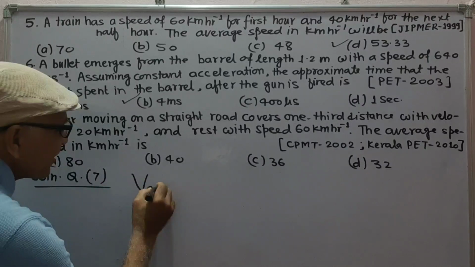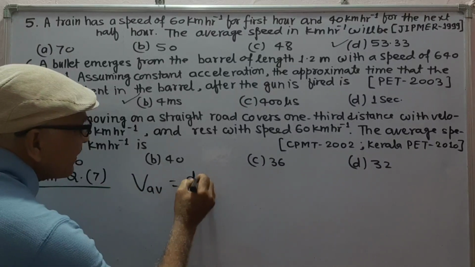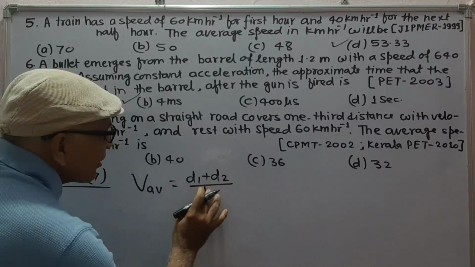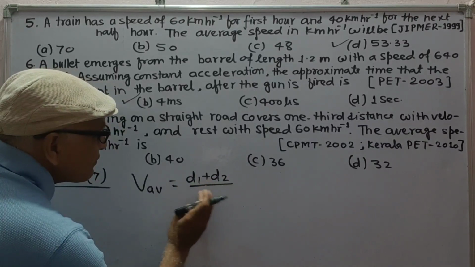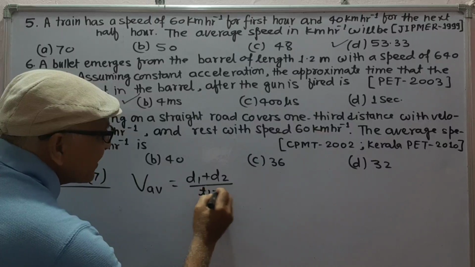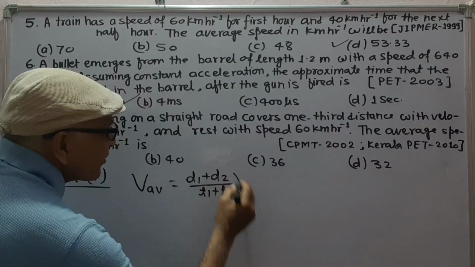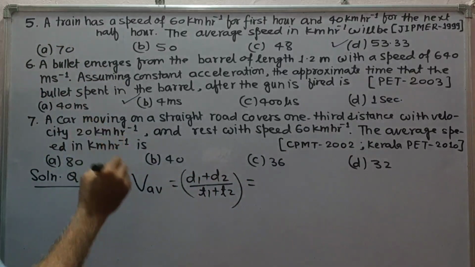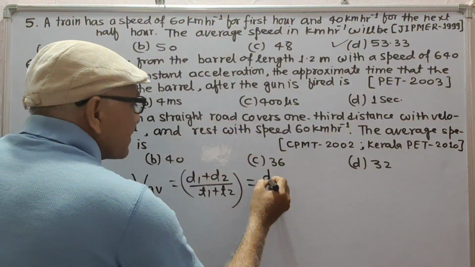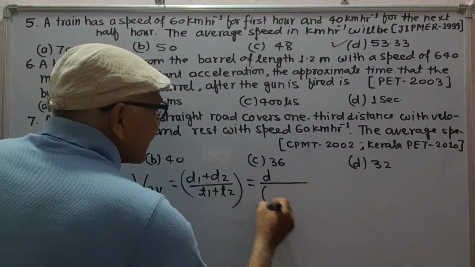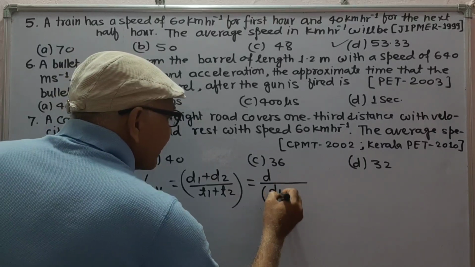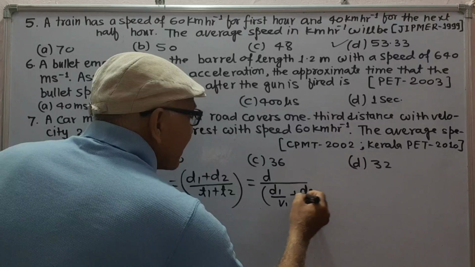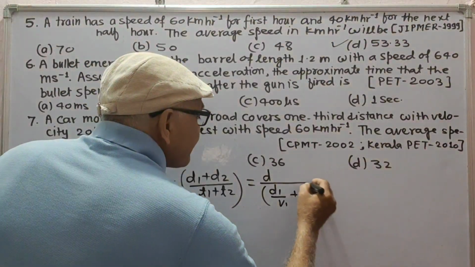V average will be equal to d1 plus d2 upon t1 plus t2. d1 plus d2 is the total distance d, and t1 can be written as d1 upon v1 and t2 can be written as d2 upon v2.